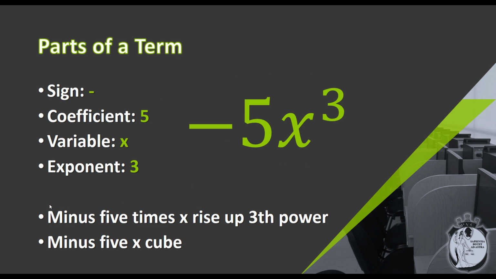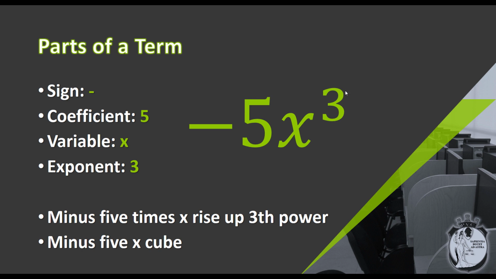The first one is longer, but it's very useful because it expresses the operation. Here, minus 5 times, because this is a multiplication here, minus 5 times x raised to the third power.